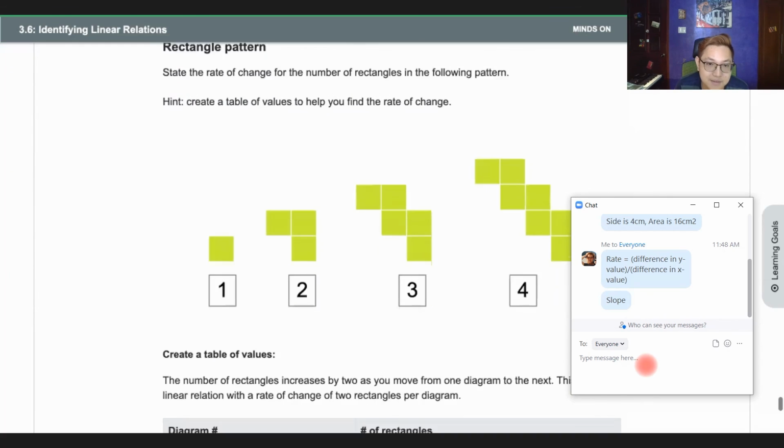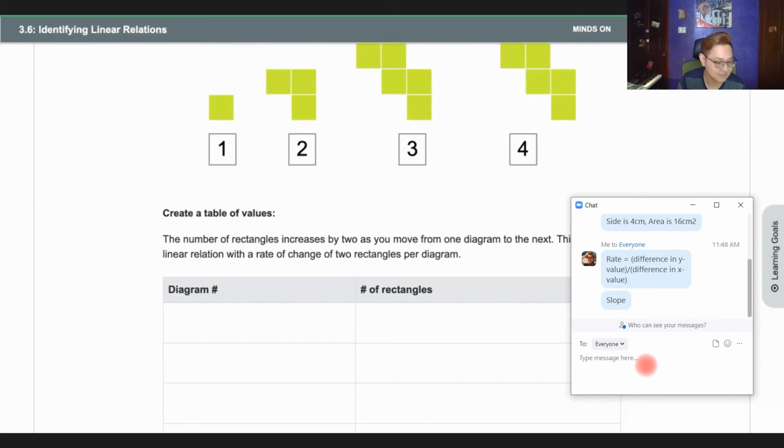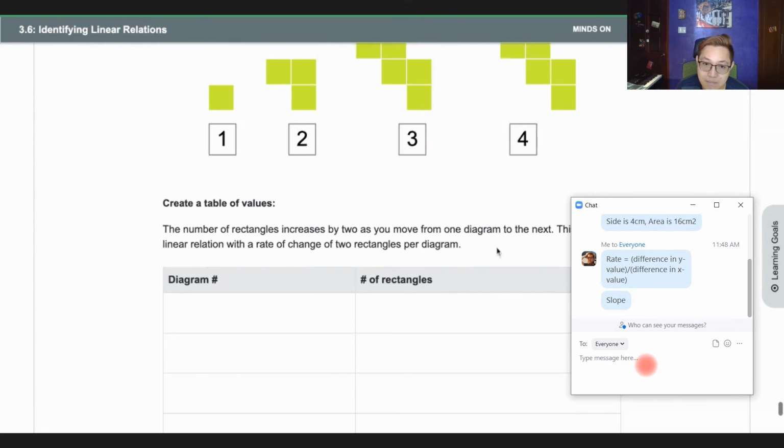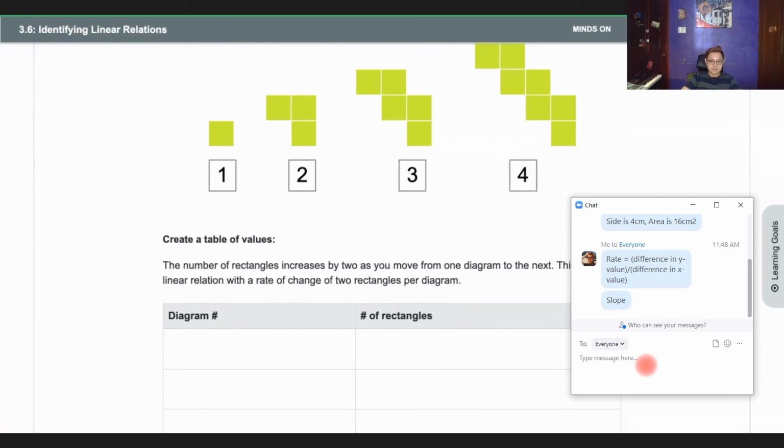Rectangle pattern. So this is a diagram.